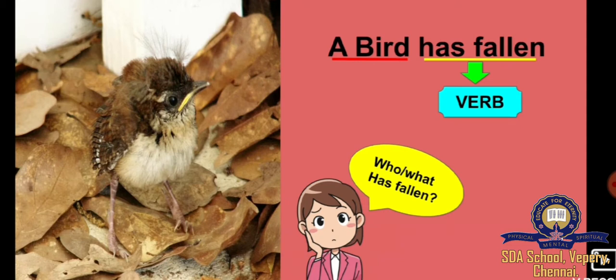Yes, a bird. So here, bird is the subject. And children, you can notice there is an article before bird. And there is no problem with an article coming along with the name of a person, place or thing. Okay, children?